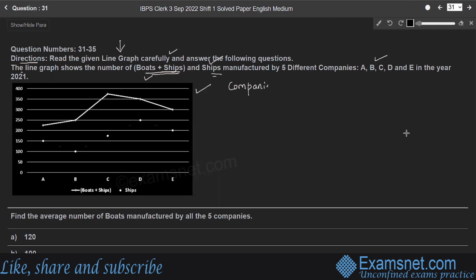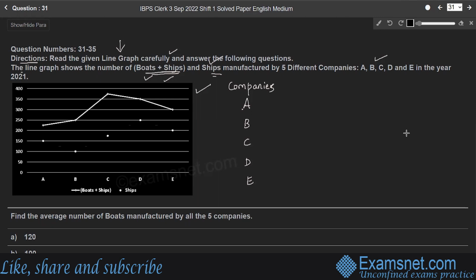There are 5 companies A, B, C, D and E. And here it is given the number of boats and ships together.